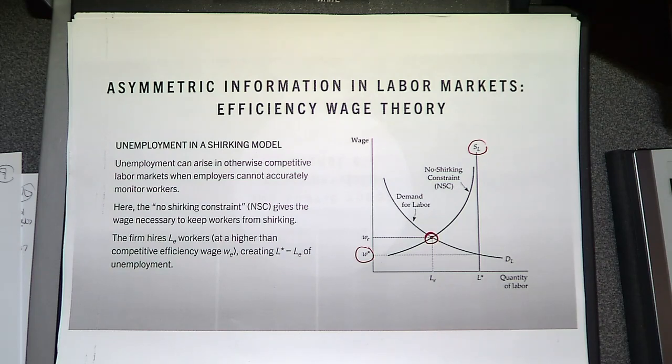Yeah, everyone understood what the graph is saying? Yes? What does it mean by the wage necessary to keep workers from shirking? What do you mean by the no-shirking constraint?